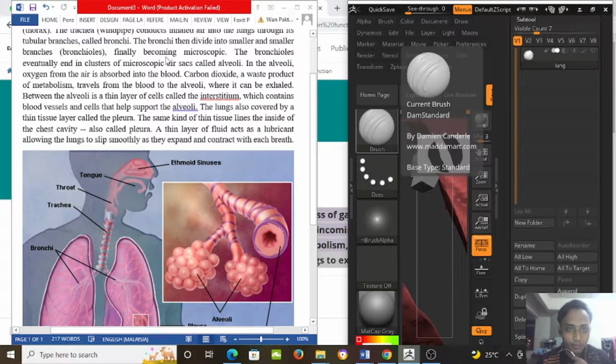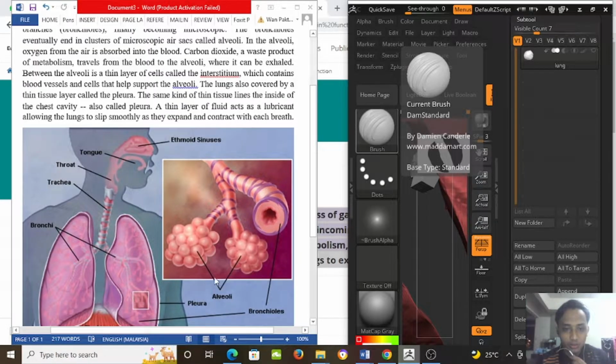Finally becoming microscopic, the bronchioles eventually end in clusters of air sacs called alveoli.